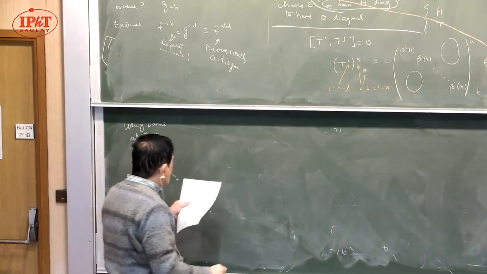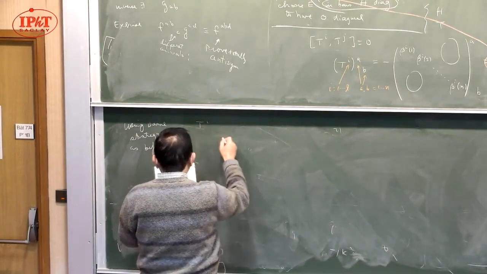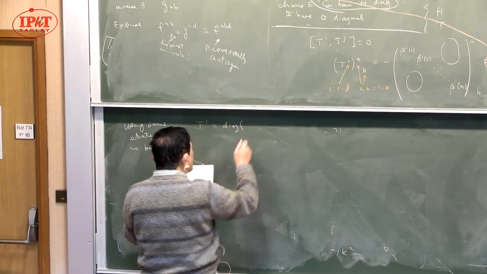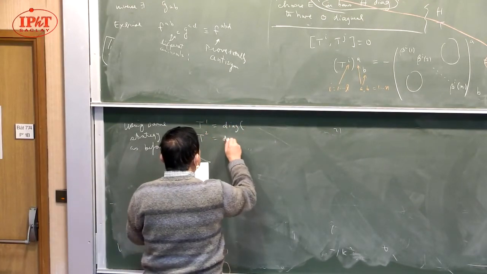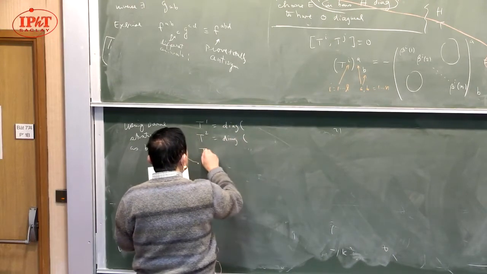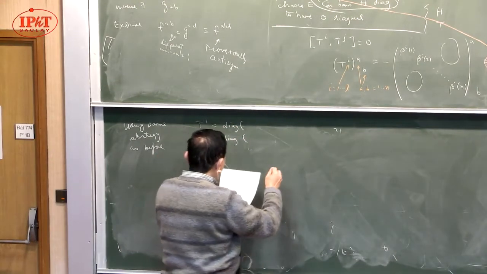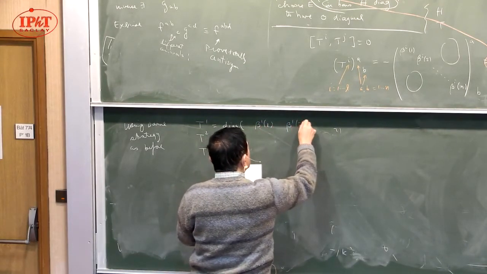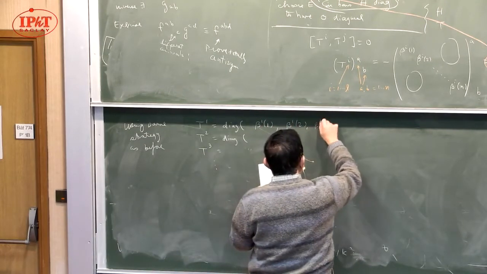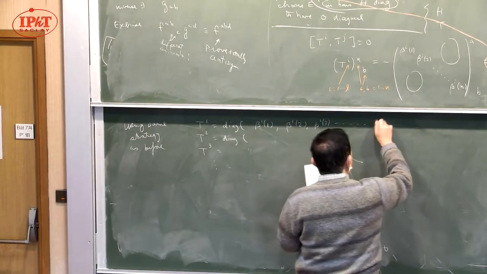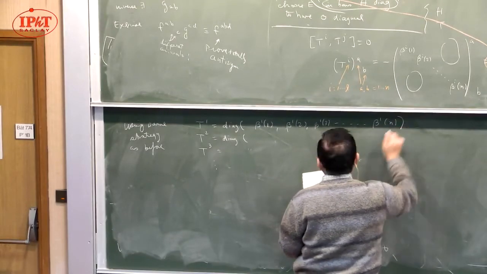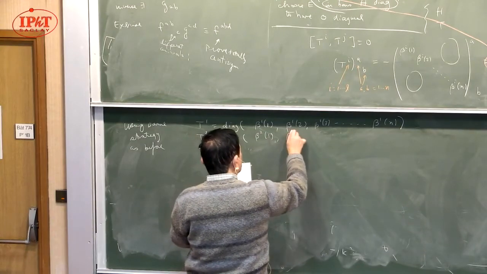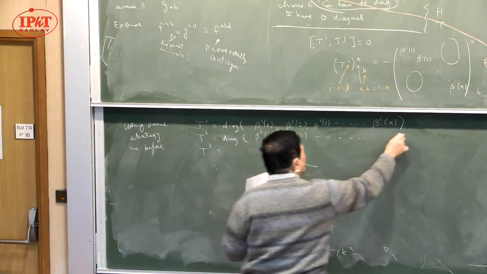Okay, so the diagonal elements: you remember that what I did is I wrote down the representation, each of these matrices, some diagonal, and so on. And it's beta 1A, beta 1,1, beta 1,2, the diagonal elements, beta 1,3, beta 1,n, right? And this is beta 2,1, beta 2,2, and so on.